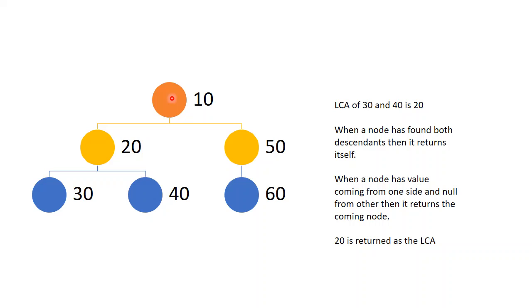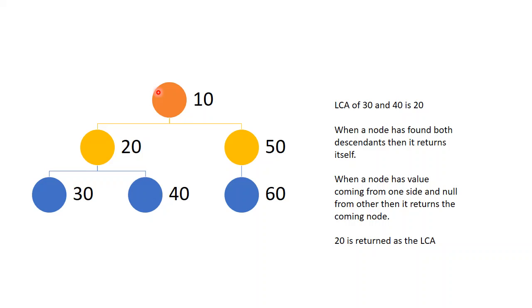So node 10 will have answers coming from both sides. When both sides are returning the values, you return the current node's value as the LCA, right? Where a node has found both descendants for which you are looking, it returns itself. So node 10 will return itself as the LCA in this case.